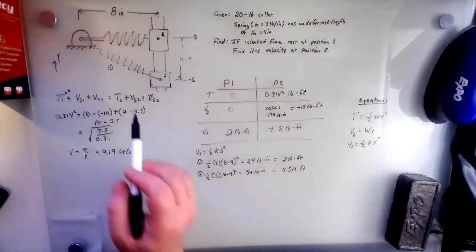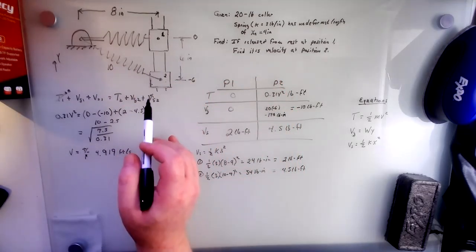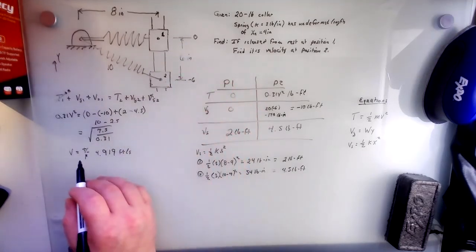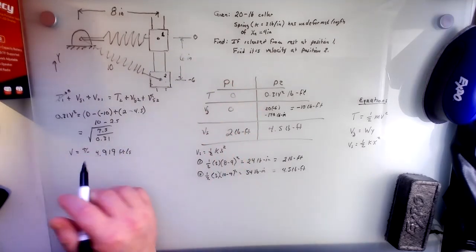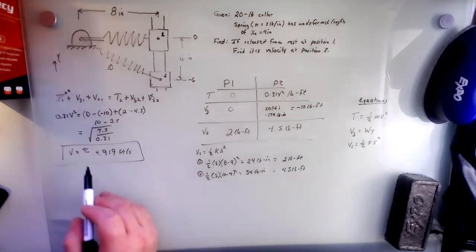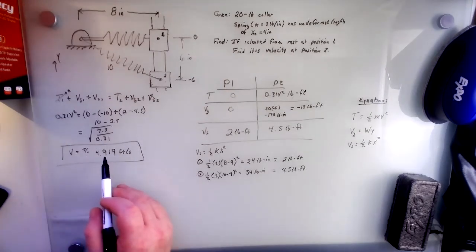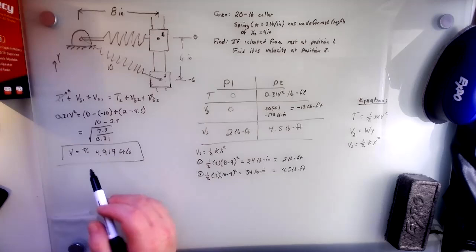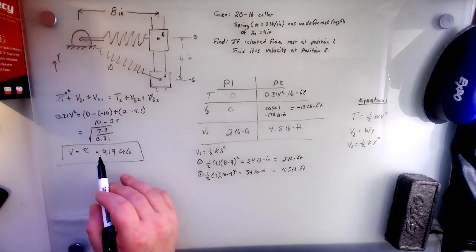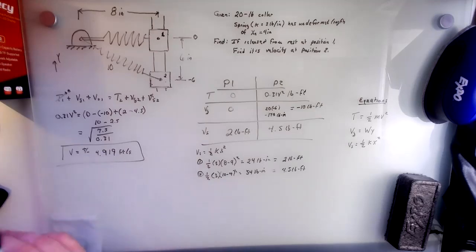One of the fascinating things about this kind of system is that the behavior in either direction is the same. So this is actually true. It's not just one or the other. It would be v equals plus or minus 4.919, or depending on how you're reporting, maybe just 4.9. At any rate, that is how you do this type of problem, and I will see you in the next video.